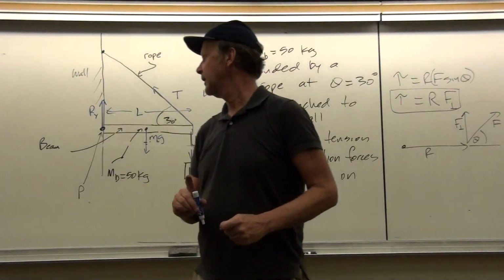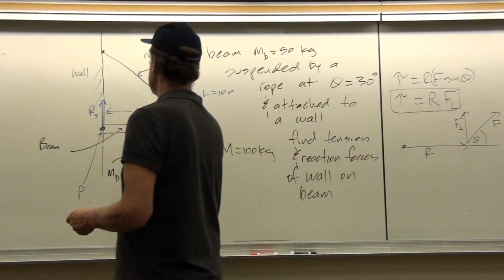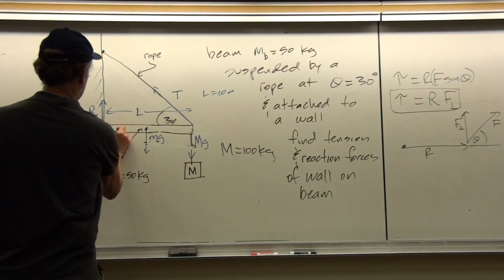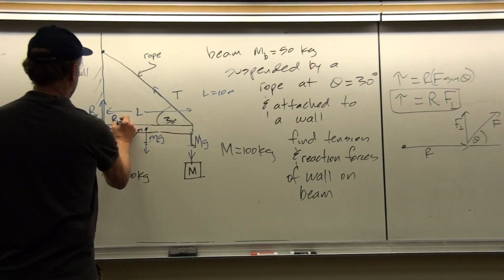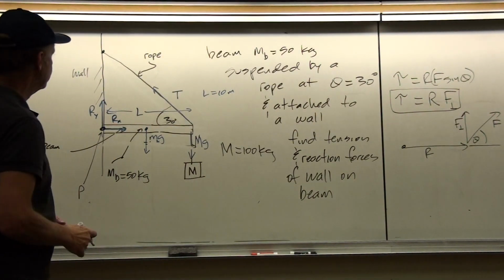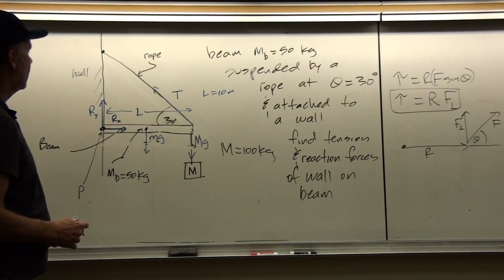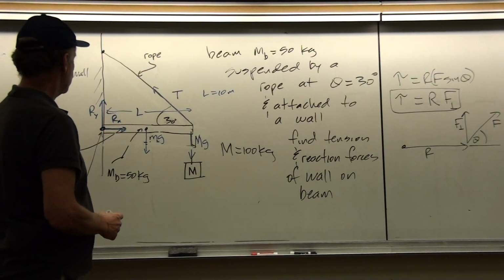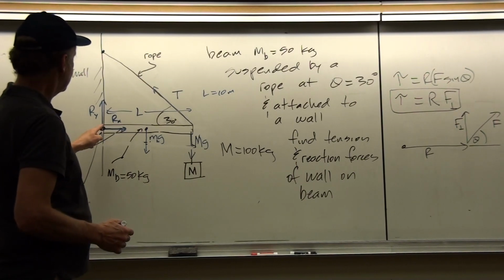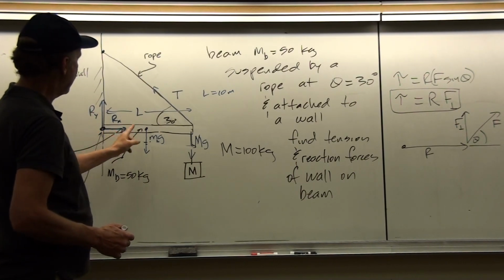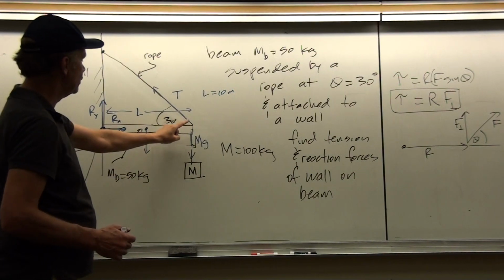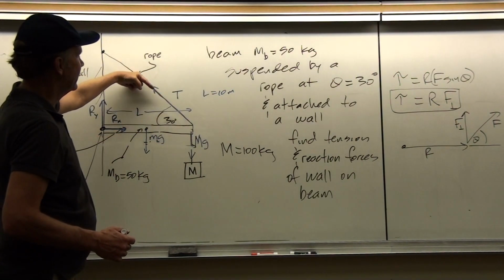And so that would be opposed by a reaction force Rx, which would be the force of the wall on the beam. Okay? And so here then we've got Ry, Rx, we've got little mg, big Mg, and the tension.